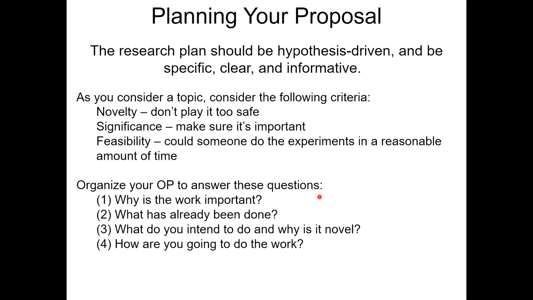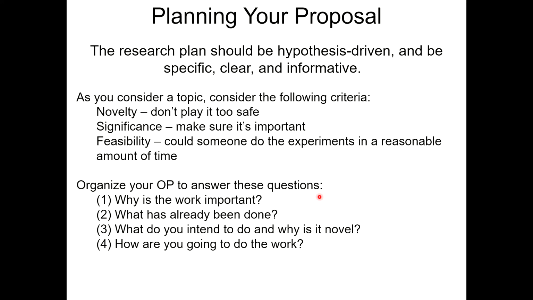As you think about topics, and you can get ideas from your classes, from seminars, from your friends' labs, as long as it is not your own thesis project, you want to think about novelty. Taking an interaction between two proteins that happens in neurons in zebrafish and doing the exact same thing in skin cells, not going to fly.